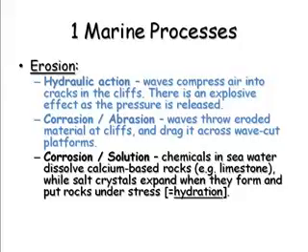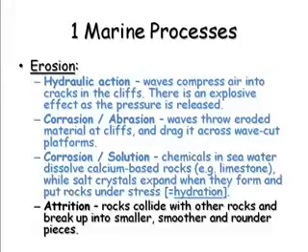If they absorb salt water, or if the rocks naturally contain salts themselves, if the water's absorbed at high tide, and then at low tide the rock dries out and the water evaporates, the salt can form crystals, and those crystals expand when they form, and obviously that puts the rock under stress. It can sort of break apart from within. That process is called hydration. That might be new to people.